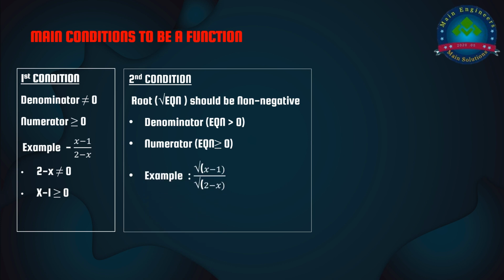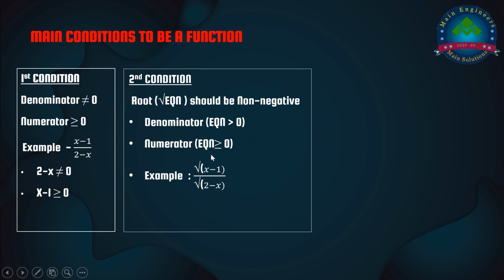So here, our equation is root over x minus 1, divided by root over 2 minus x. As we know, in both the numerator and the denominator there is a root. So for the denominator, the expression should be greater than 0.